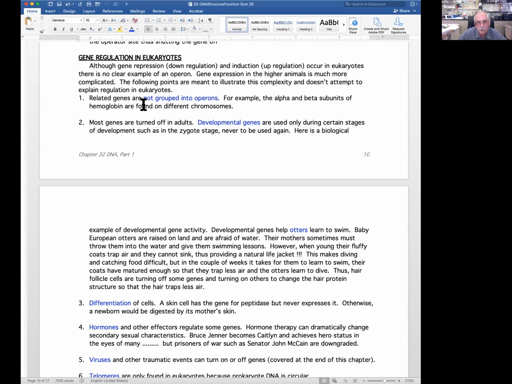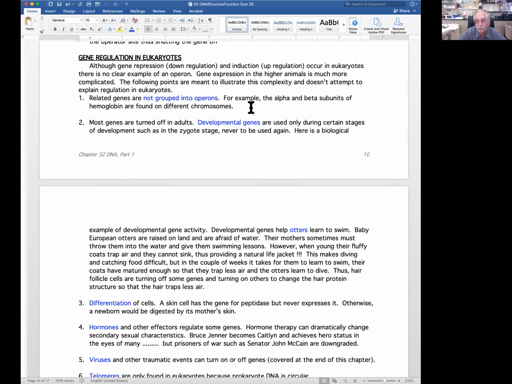One is that genes are not grouped into operons. So hemoglobin has alpha and beta subunits, and the genes for them are found completely on different chromosomes. Like, what the heck? That means that every time you make an alpha, you need to make a beta. But they're on completely different chromosomes. How are you going to organize that?